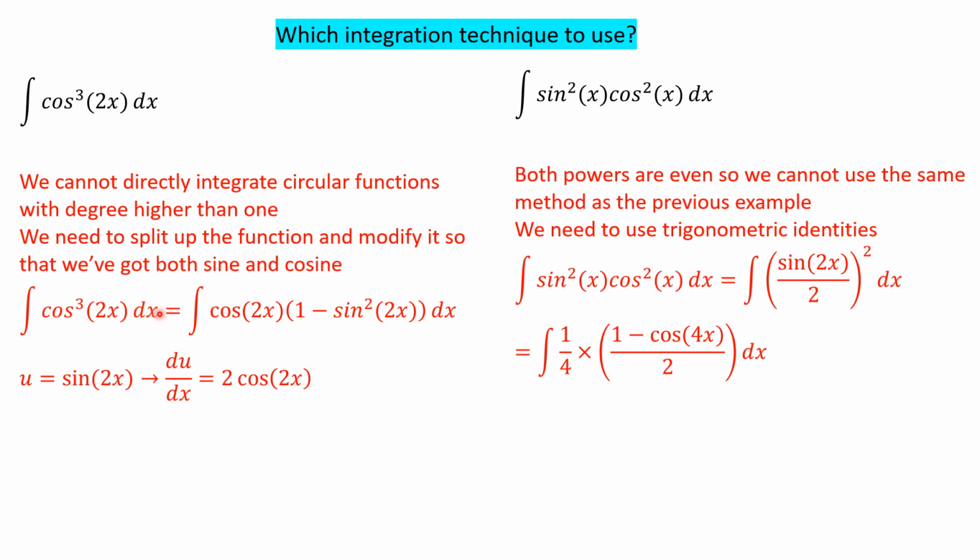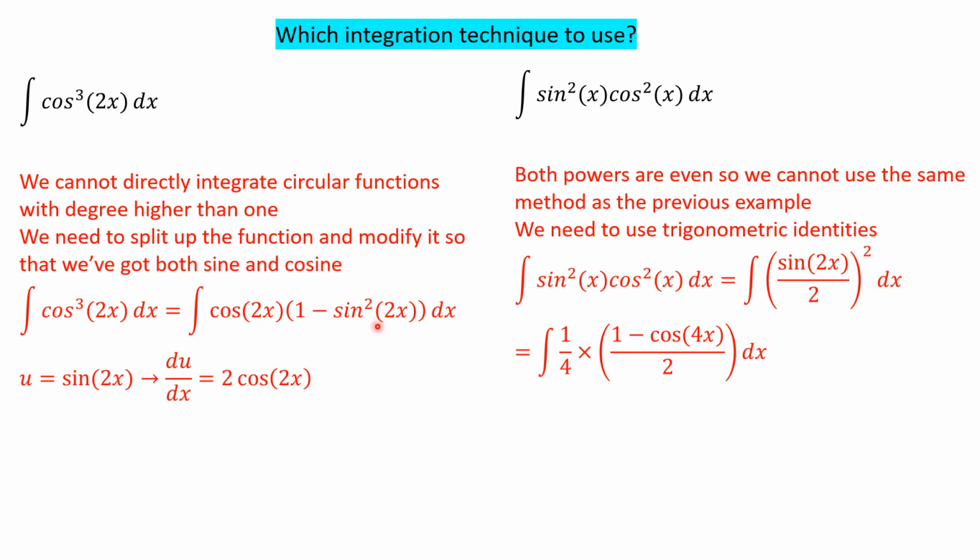What you can do is split cos cubed into cos multiplied by cos squared. You want both sine and cosine because they are derivatives of one another. For cos squared, you want to turn that into 1 minus sine squared. And then you can use substitution.